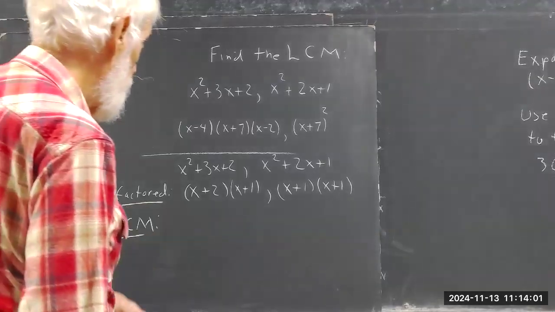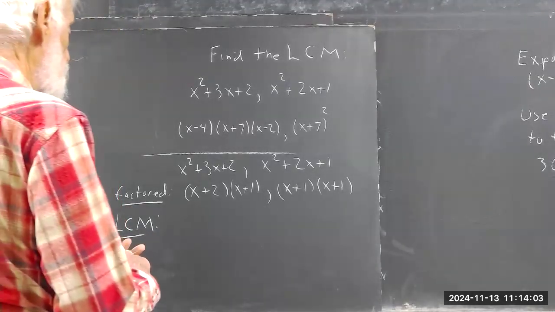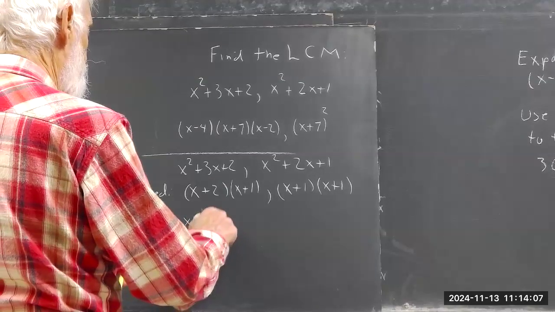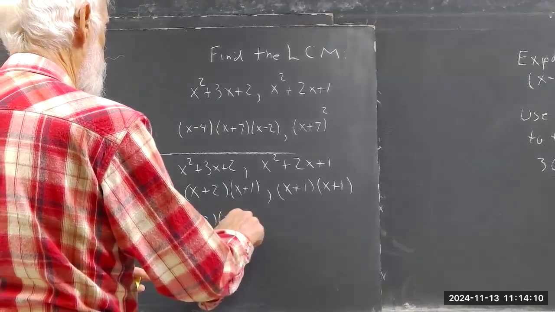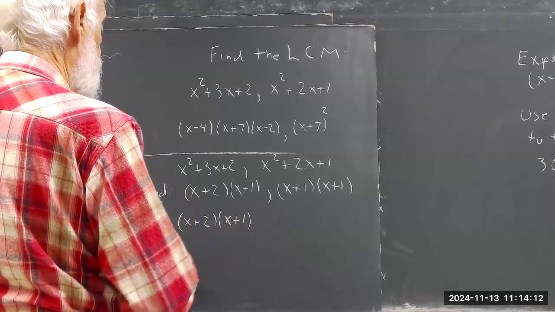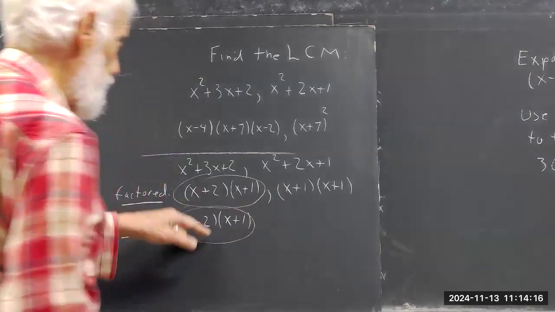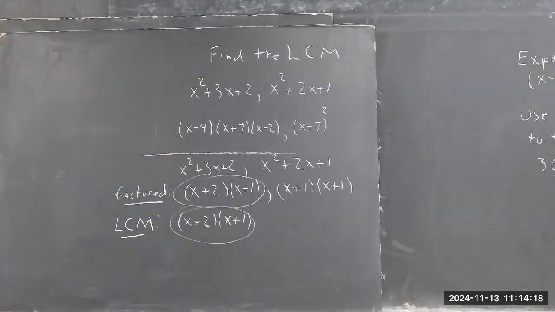Okay, so least common multiple is what? Well, we've got to have x plus two times x plus one. I'll just put a circle around that to indicate this is the same as this, right?